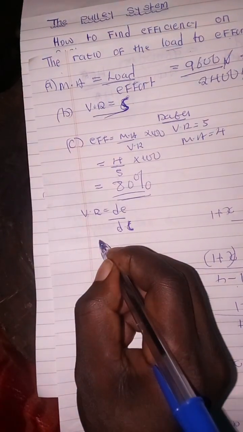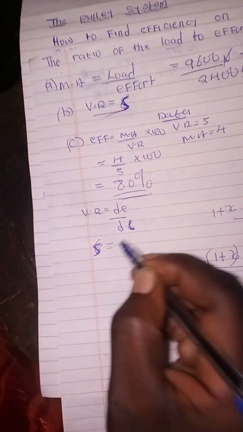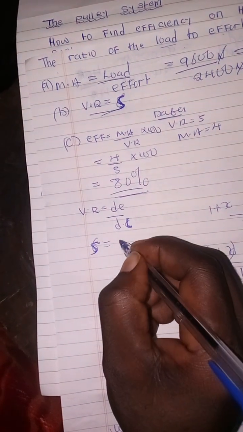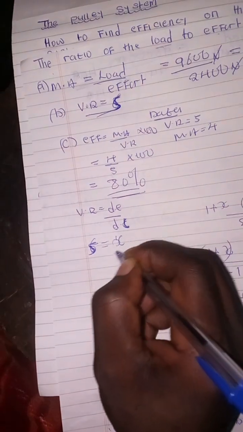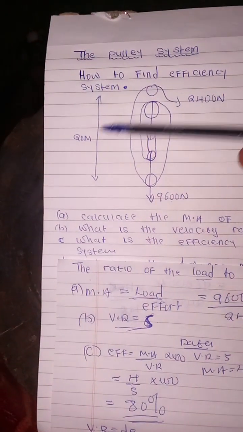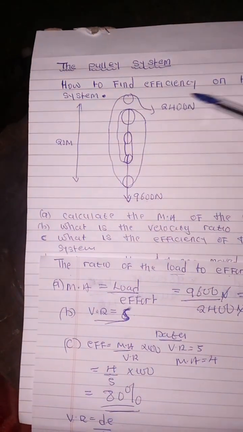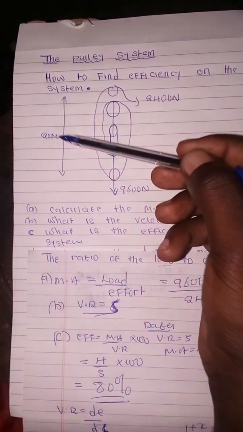What is our velocity ratio? It is 5. So 5 is equal to the distance moved by the effort, which is the one I'm looking for, x, over distance moved by the load. Sometimes in the statement they do mention the distance moved by the load, and it is this one.